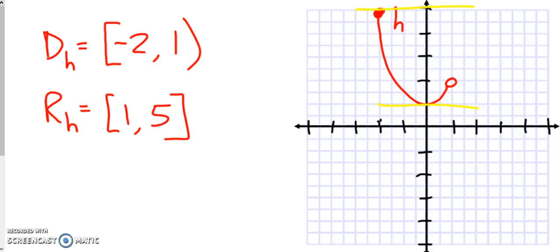So that open circle right there doesn't actually cause any problems with the range. Because every Y value from 1 to 5 is accounted for somewhere. Does that make sense? Do we have questions on that?